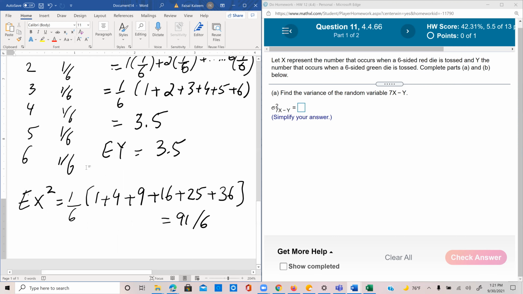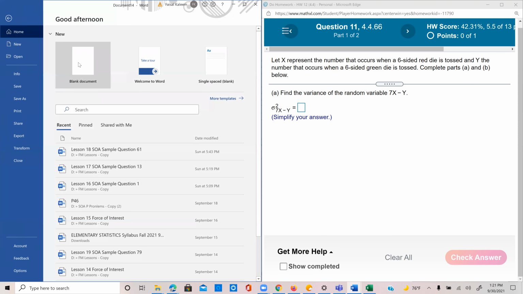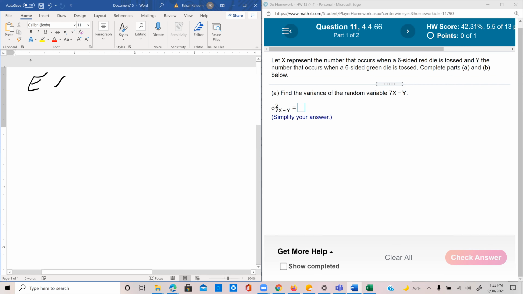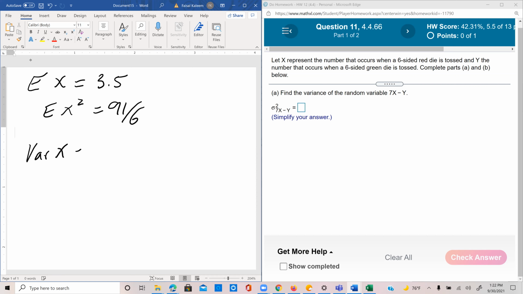So let's go to a new document. So E of X came out to be 3.5. E of X squared was 91 by 6. And therefore variance of X equals E of X squared minus E of X whole square equals 91 by 6 minus, 3.5 is 7 by 2, so that'd be 49 by 4.